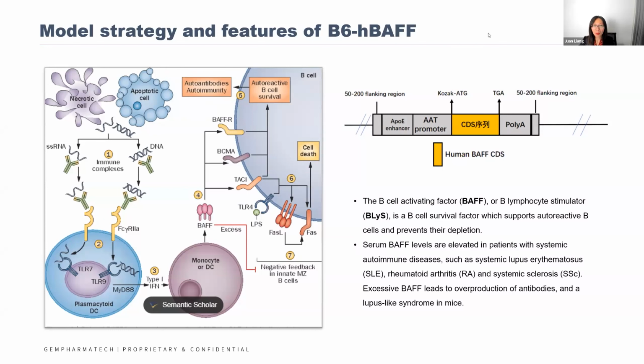We generated the humanized mouse model with random insertion of the human BAFF coding sequence into the mouse genome. The humanized BAFF mice are featured with a high expression of human BAFF.